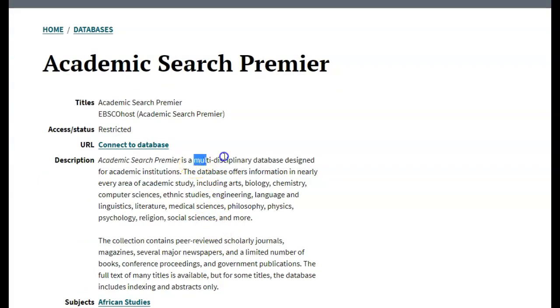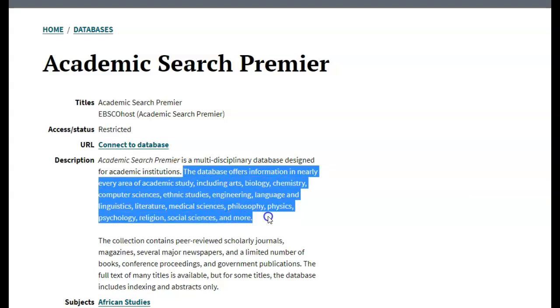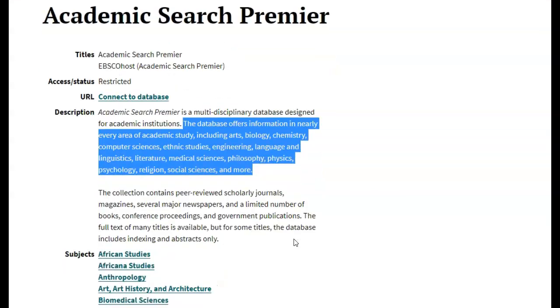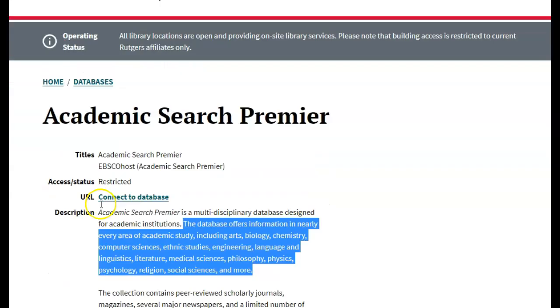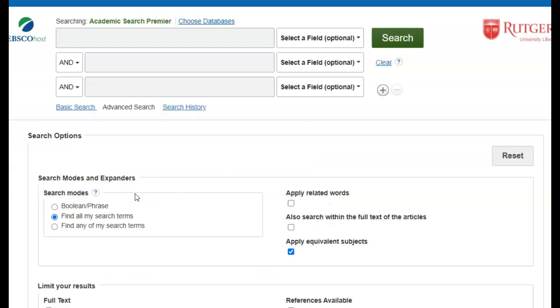It's a multidisciplinary database, which means it's not focused on any single field or industry, but attempts to cover scholarship and research from a broad range of disciplines. The focus is on academic research, and we'll get into the distinction between scholarly peer-reviewed research and general information as we move along a little further. It is, for our purposes now, a good introductory database to take a look at.